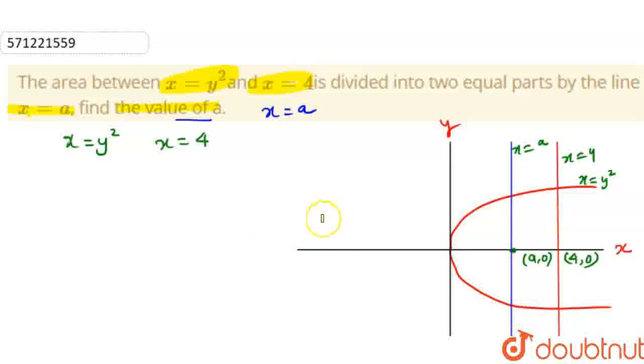So we can see here that the first part will be from the parabola to this line, that means this region, and the second shaded region will be right here. And since this curve is symmetrical about the x-axis, it will include this region also.